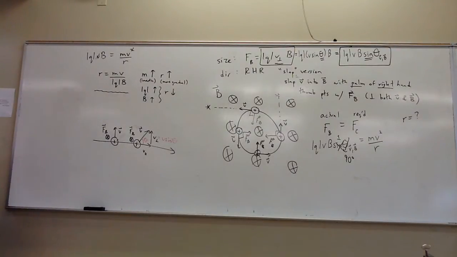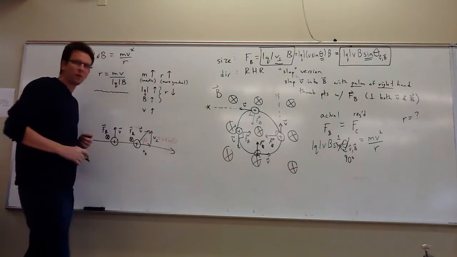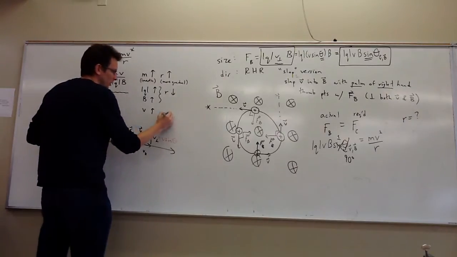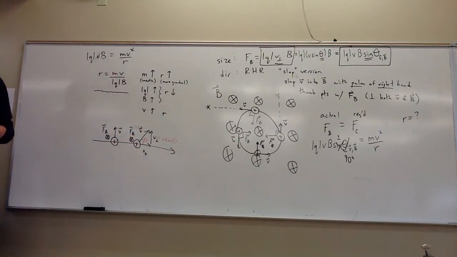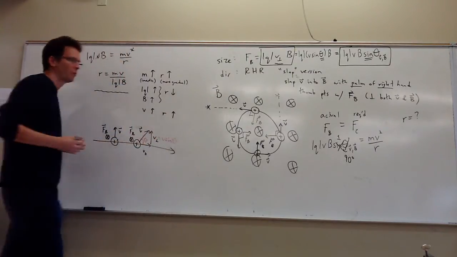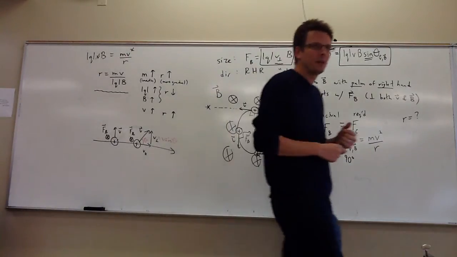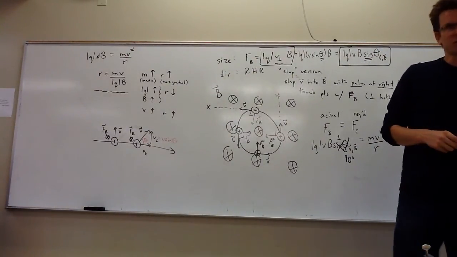The final factor is a little bit more tricky. We find that as the speed goes up, what happens to the radius? Increases. So if you fire the charged particle into a magnetic field at a faster speed, it will make a larger circle.